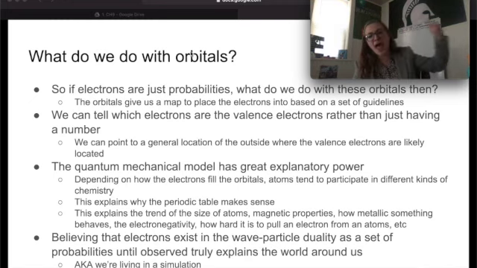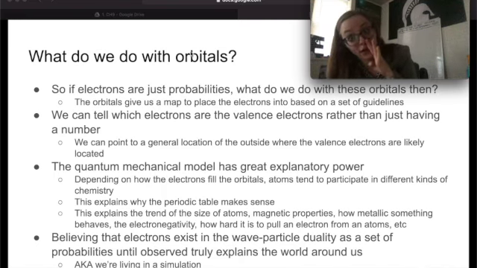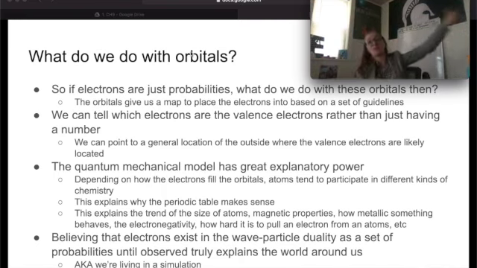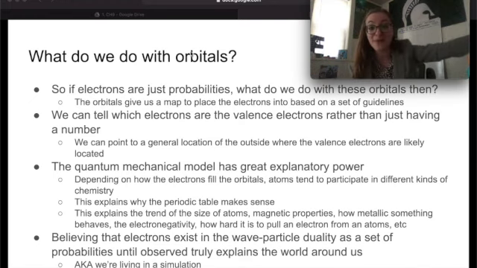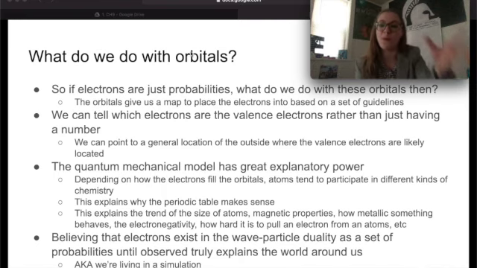It does way better than the nuclear model of the atom. It does way better than whatever the heck Einstein came up with that we're not even lecturing over. It does way better than that plum pudding model that we saw way back in the day, or even thinking of the atom as a hard sphere like the Greeks did. This is the one that we have that explains the most so far, almost everything.